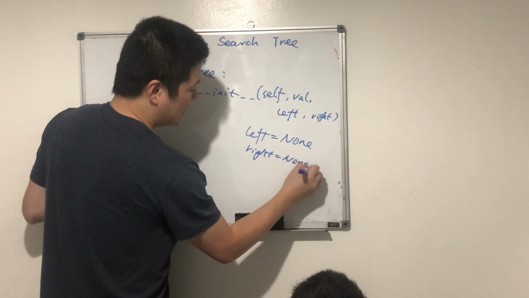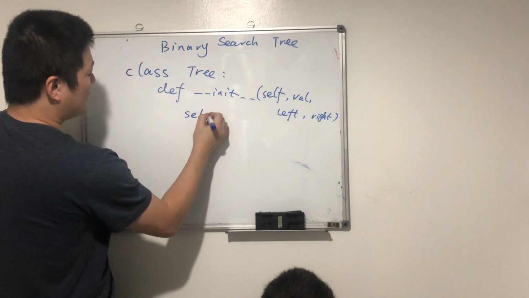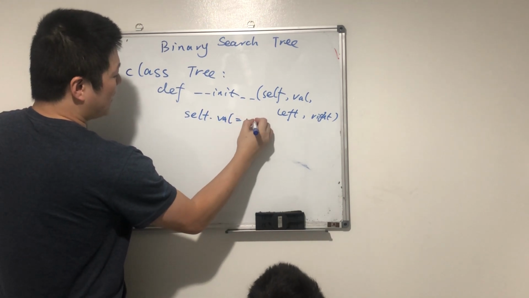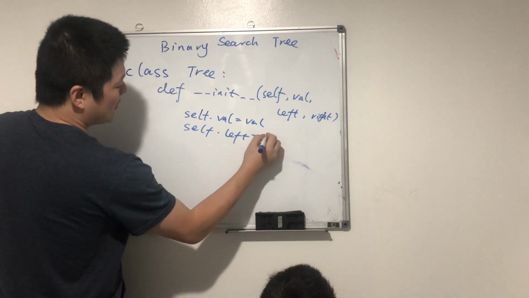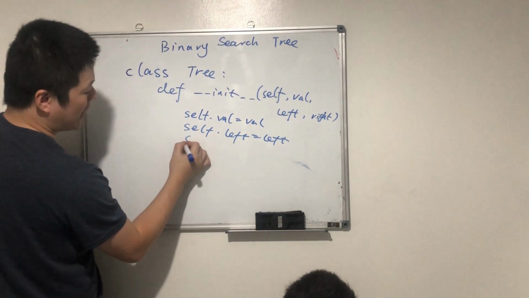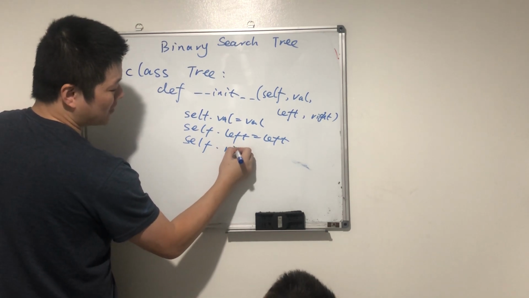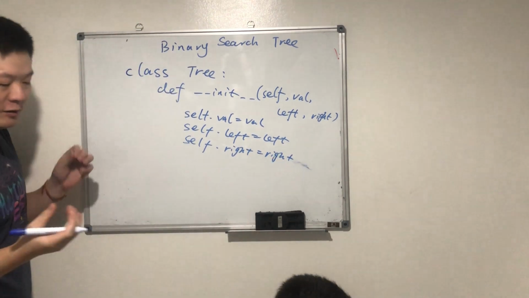Then we have self.value equals value, self.left equals left, and self.right equals right. So that means that the tree node has three things.